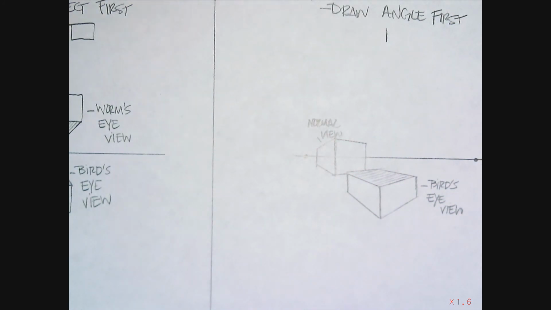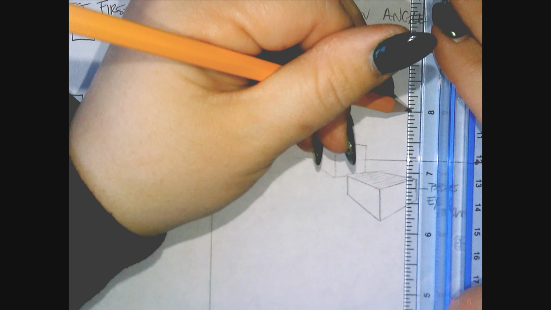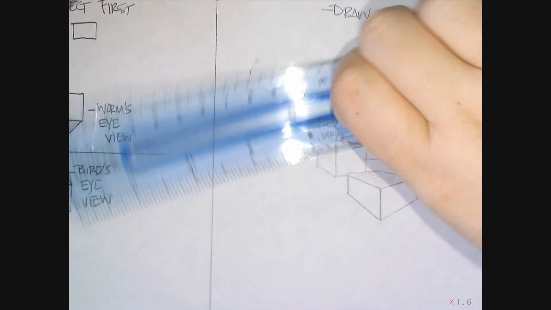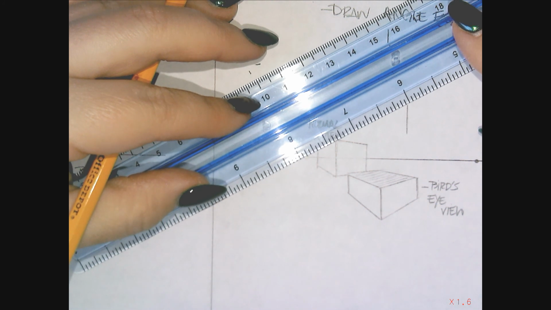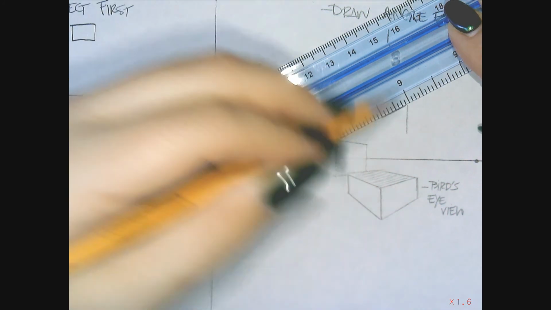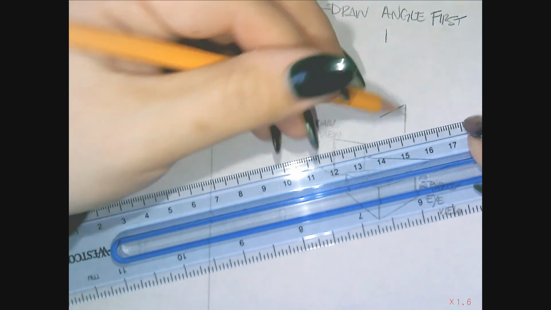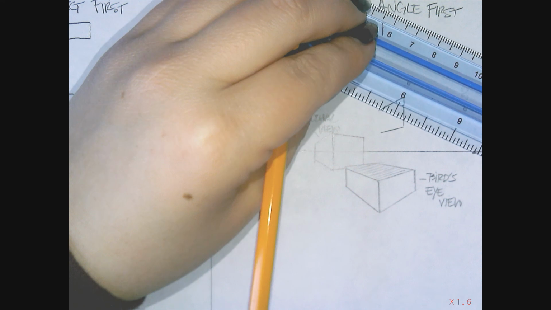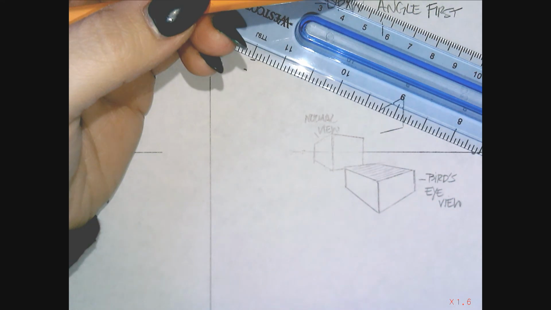And lastly, let's do one that is above the horizon line. So you draw your angle first. Left-hand side uses left-hand vanishing point. Right-hand side, right-hand vanishing point.